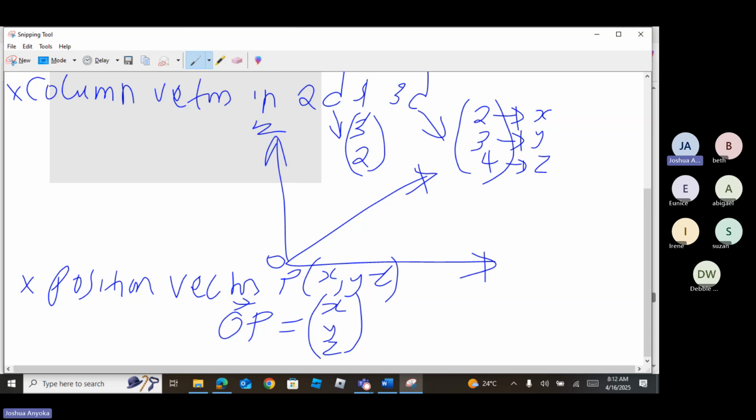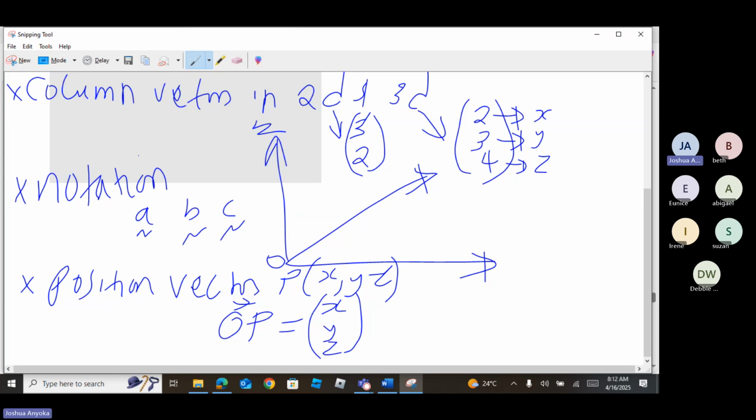Then another thing that we are supposed to know is notation. Vector notation means if we write vector A, we must denote it by saying vector A, vector B, vector C. We must have that sign for the vector.